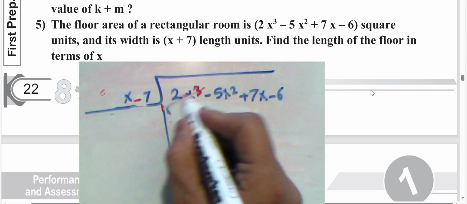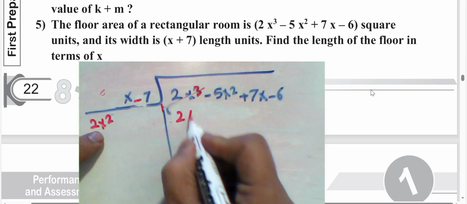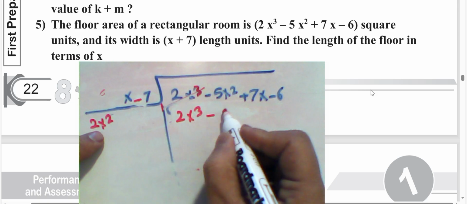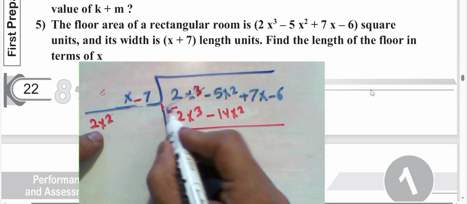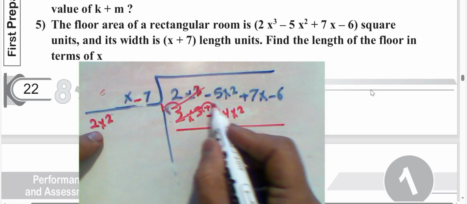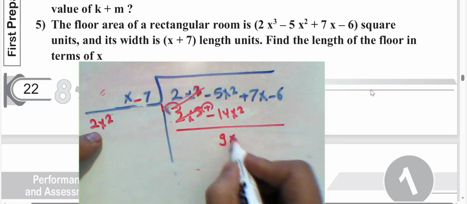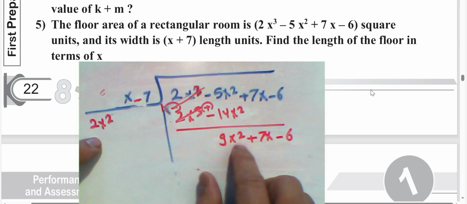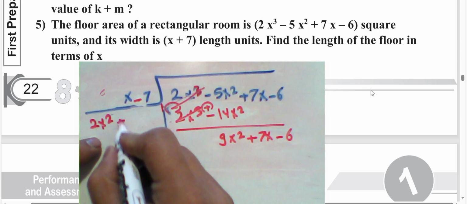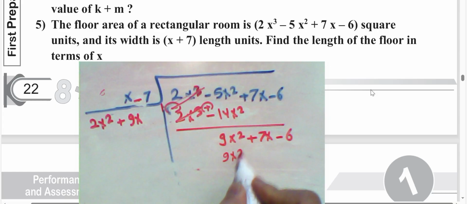We will say now 2x power 3 divided by x, it will be 2x power 2. 2x power 2 times x will be 2x power 3. Right, negative 2 times 7 equals 14 x power 2, and then change negative 5 plus 14. 14 minus 5 is 9, plus 7x minus 6. 9x power 2 divided by x will be 9x. 9x times x will be 9x power 2.